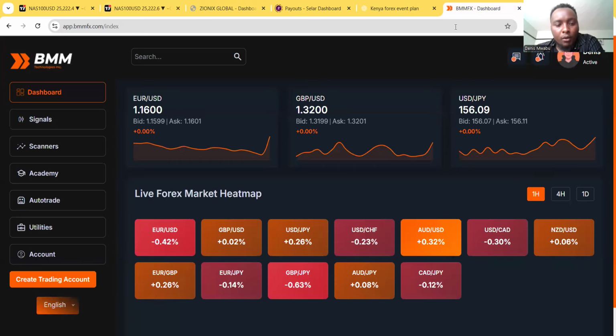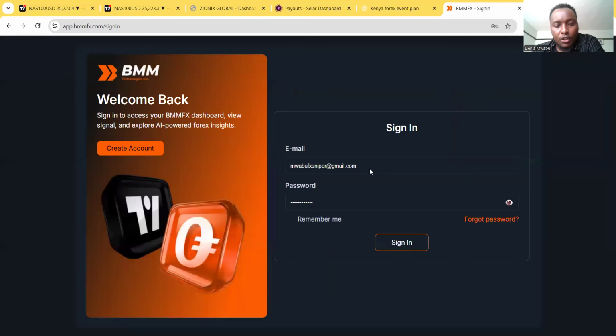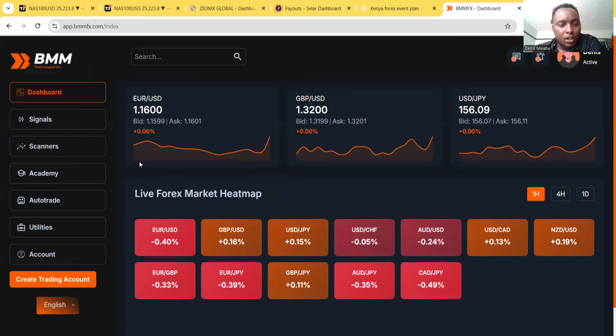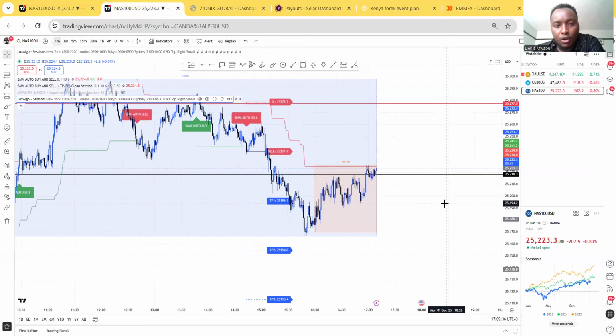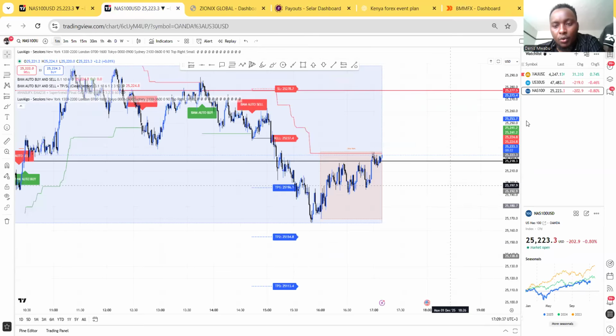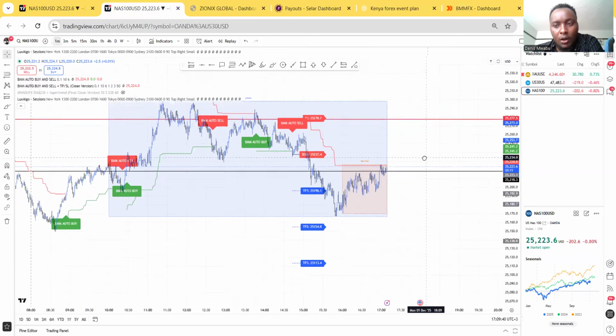And then we have our website, where we have the signal center, which gives us the signals and the trade ideas. But today I'm going to be focusing on the scanner, how it works, how we do our analysis, and how we actually trade with it.